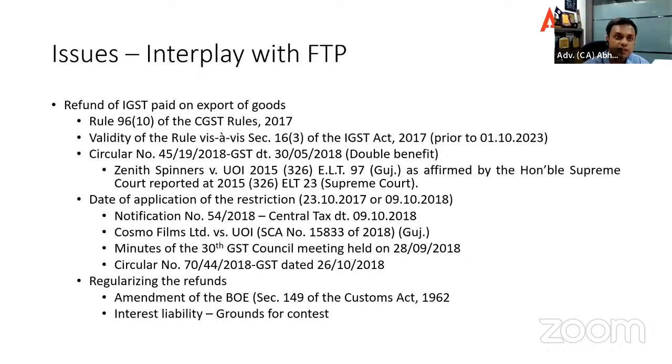So in that situation, can we say that the exporter is still hit by Rule 96 sub-rule 10 when the exporter is able to demonstrate from the records that he has not availed any double benefit? What he has availed is otherwise legitimate credit, which is in any case attributable to exports, and therefore in that situation, the rigors of this particular sub-rule 10 should not be made applicable.